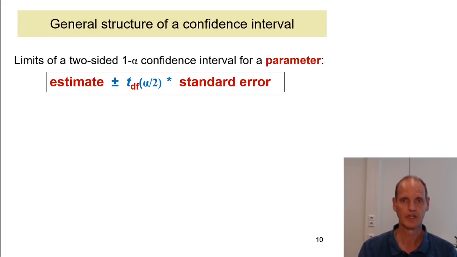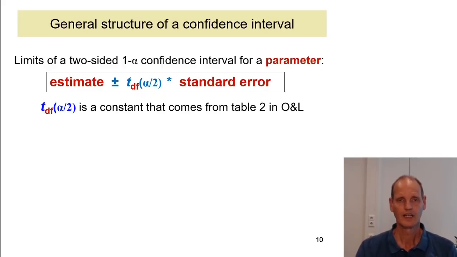It's the estimate plus minus a t-value, a quantile from the t-distribution, which we can look up in Ott and Longnecker table 2, times the standard error. So it's estimate plus minus t times standard error. The t is a constant, and it depends on the degrees of freedom and on the alpha.